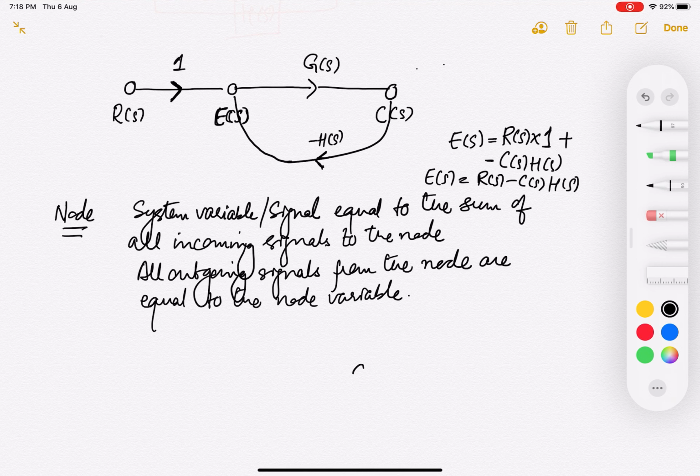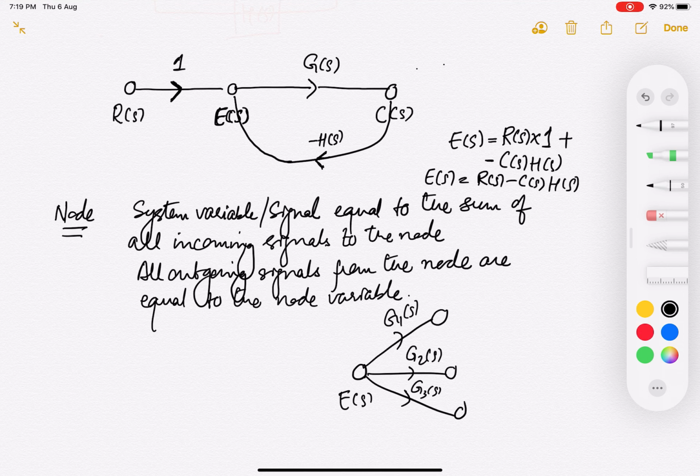If you have a signal ES and you multiply it with G1s, G2s, G3s, you get the node variables X1s, X2s and X3s.